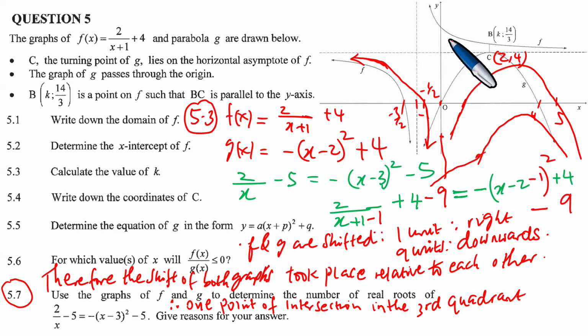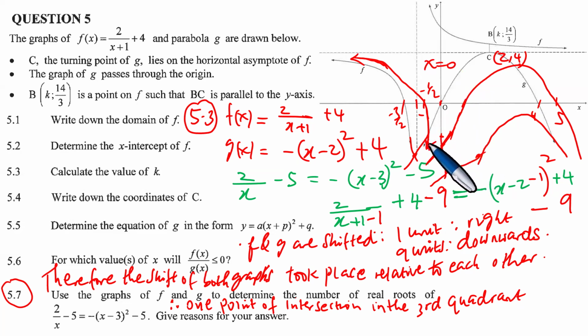Right, so these graphs, here they do not intersect, but if the parabola and the hyperbola both move downwards, they will not intersect on this side, but we agree that they were intersecting here. And if these graphs continue to be moved further down by 9 units after having been moved to the right by 1 unit, they will still intersect, because the hyperbola is going to have its vertical asymptote as the y-axis, which is x = 0.